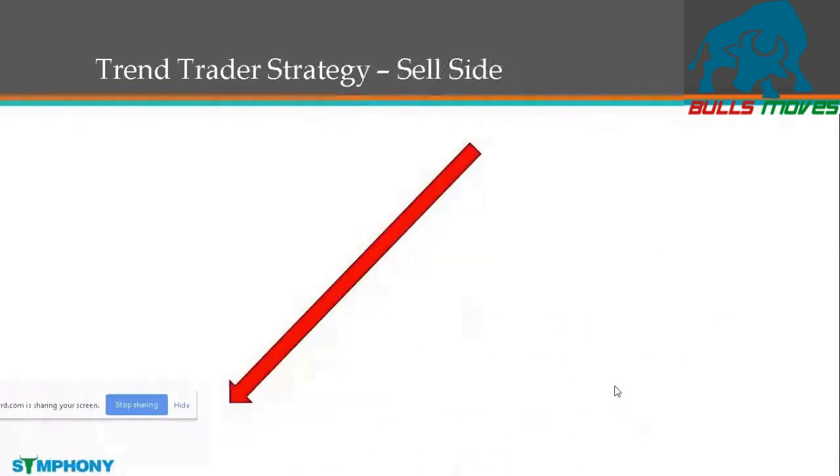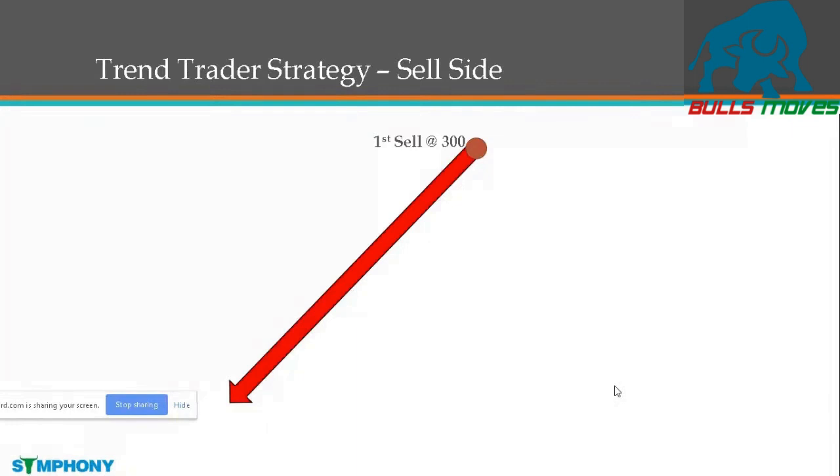So this is for the sell side. If you have predicted that the stock or any index will continuously go downside, you can go for the trend trader sell side. Let's say for example any stock is quoting at 300 rupees.